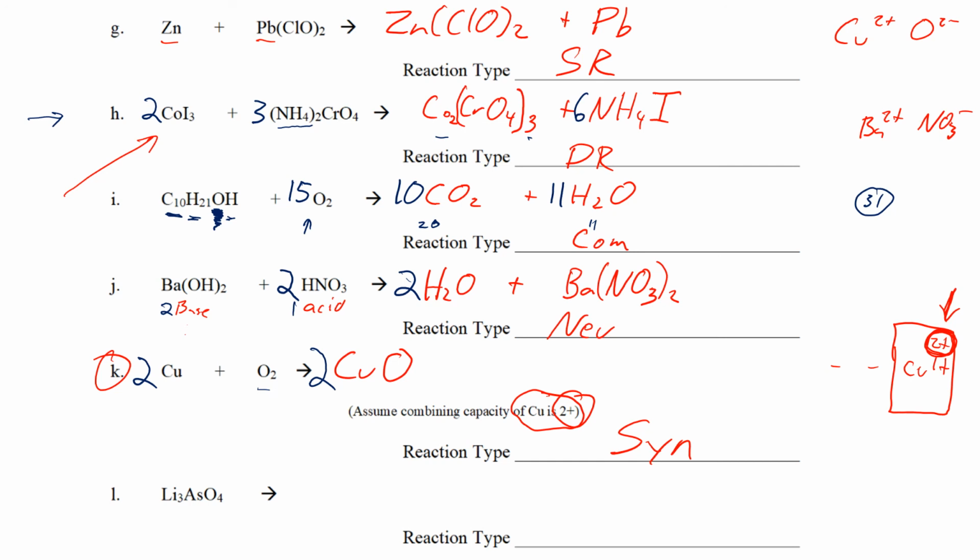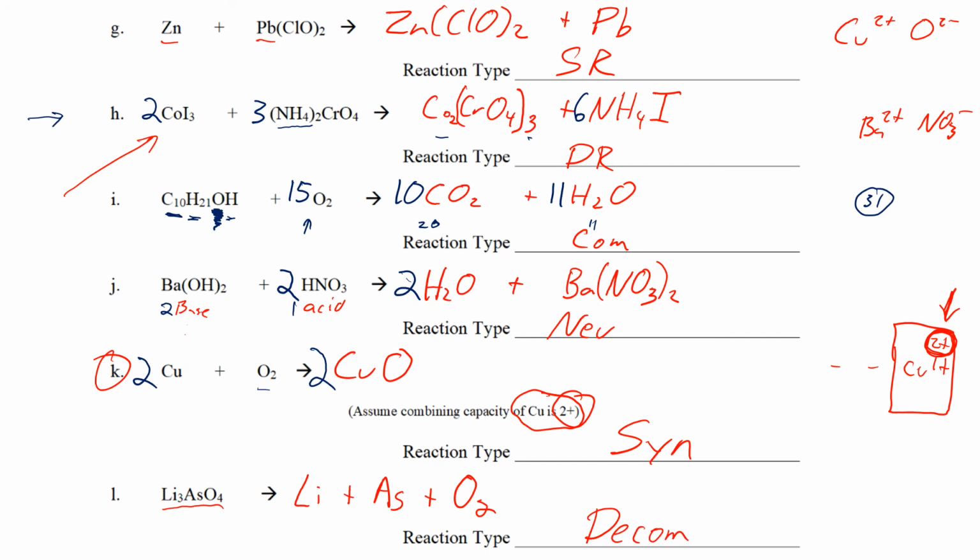Now, for this one, I mentioned at the beginning, we have one very, very large thing. So we're just going to say that it breaks up into some smaller stuff. We're going to say that it breaks up into lithium, arsenic, and oxygen. Okay. And oxygen is diatomic, so don't forget to write the 2 right there. And then we're going to say that this is decomposition. Okay.